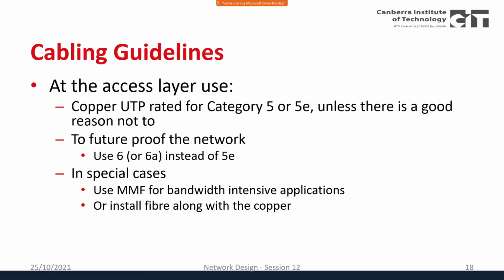In special cases, we can use multi-mode fiber for bandwidth intensive applications or to install fiber along with the copper. Now, I need to tell you guys this because I get this question a lot: how do I know if I need to use a fiber connection to my access layer?